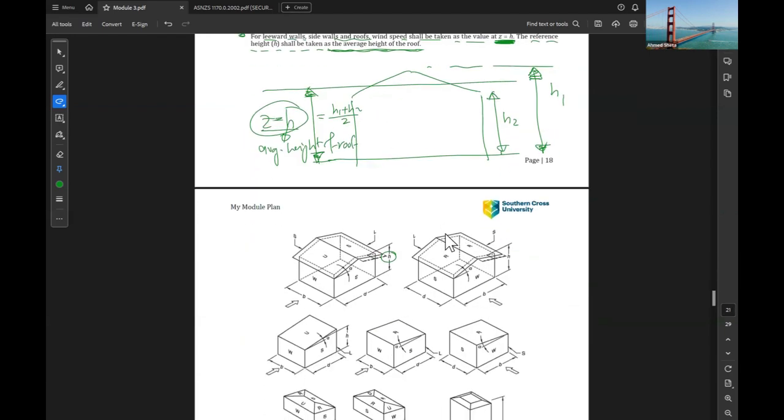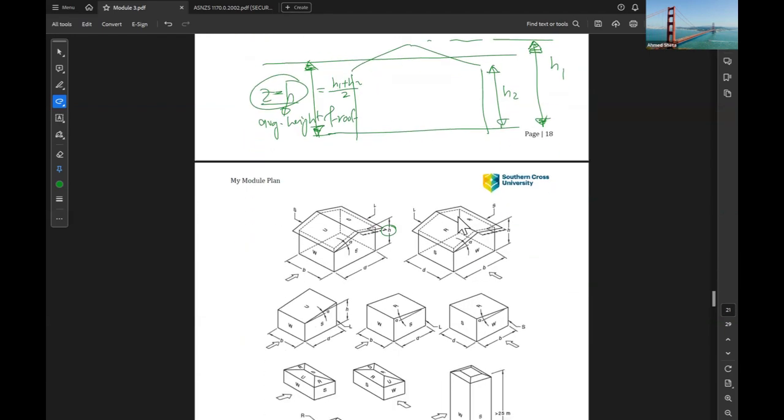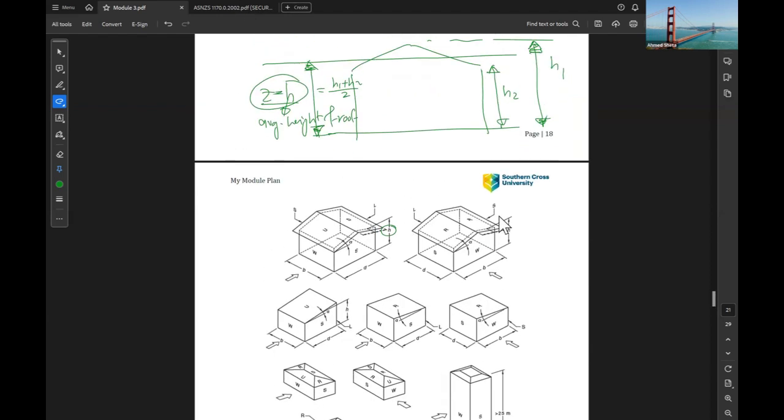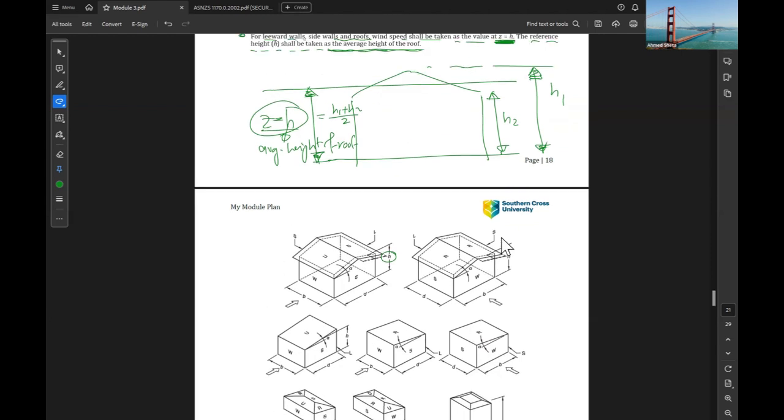Okay, so these are the height definitions, but we need to know other parameters for an enclosed building. We have some definitions we need to know. So first of all, the definition of the walls, names, and roof slopes.